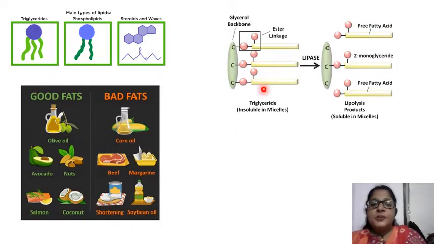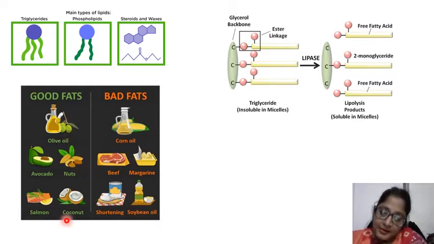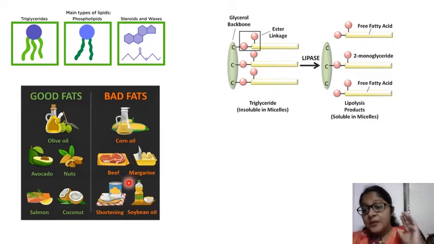The main types of lipids that we have are triglycerides, phospholipids, and steroids and waxes. So these are the basic types of lipids that we have. We either eat fat as good sources of fats, or as bad fats. In the introduction slide also, there were certain pictures.